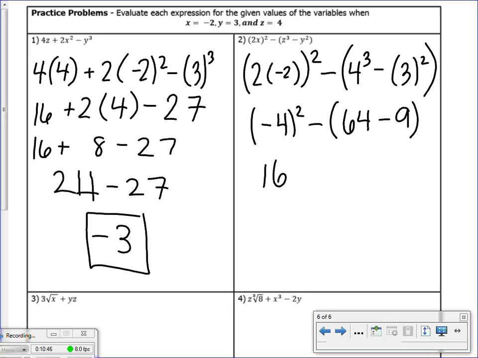Again, it's positive. It's -4 times -4 equals positive 16. And 64 minus 9 is going to give us 55. So we have 16 minus 55. I plug that in, and I end up getting -39 as my answer.